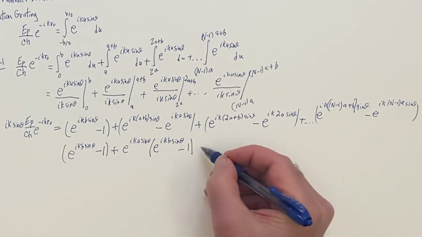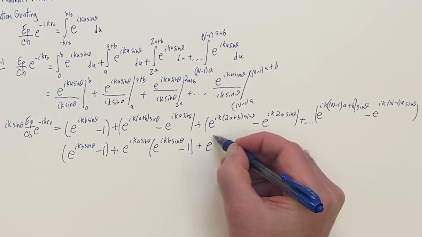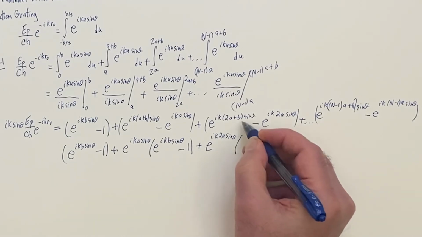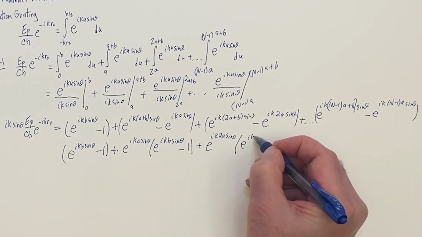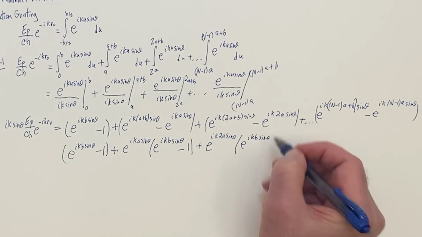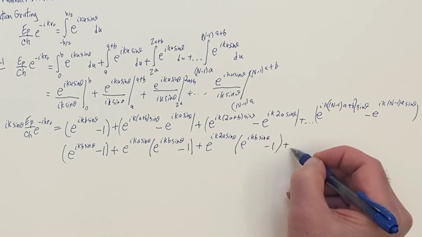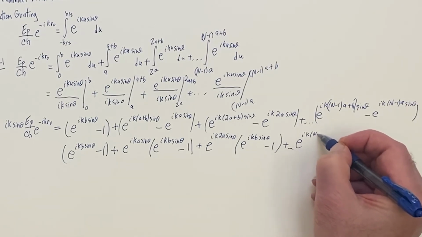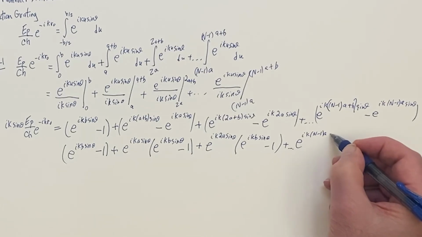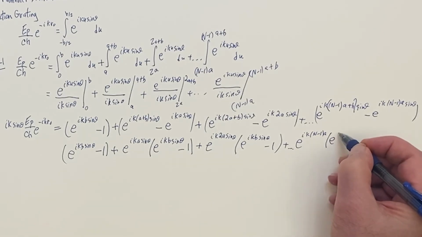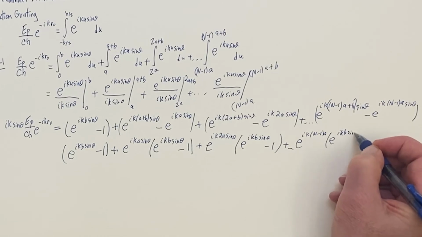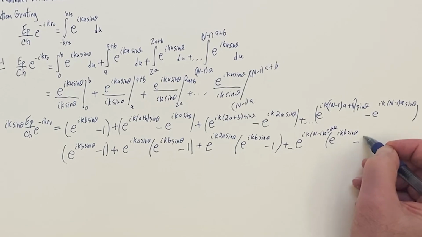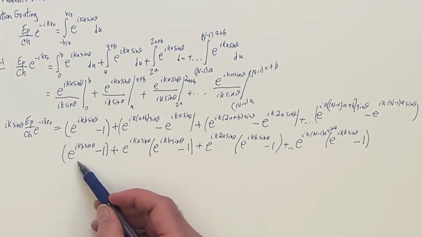And then here, if I pull out e to the ik 2a sine theta, I'm left with just the b one and minus 1. And for the last one, I pull out e to the ik n minus 1 a sine theta, so that I have here e to the ikb sine theta minus 1. So I have one of these everywhere.